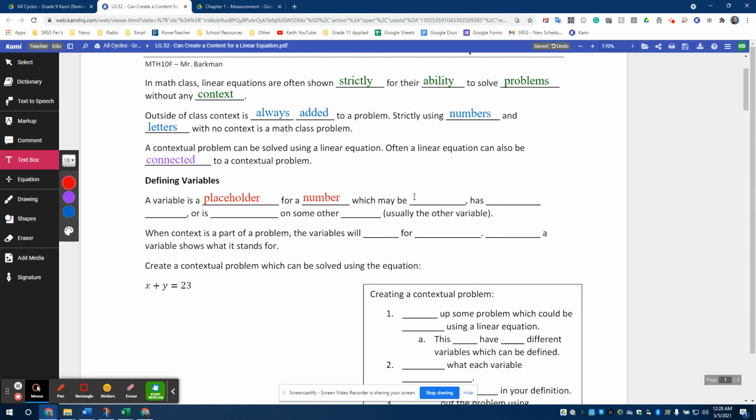We're going to have an unknown number which is a part of our question, and that's what a variable is often going to be used for. It also could have multiple values.